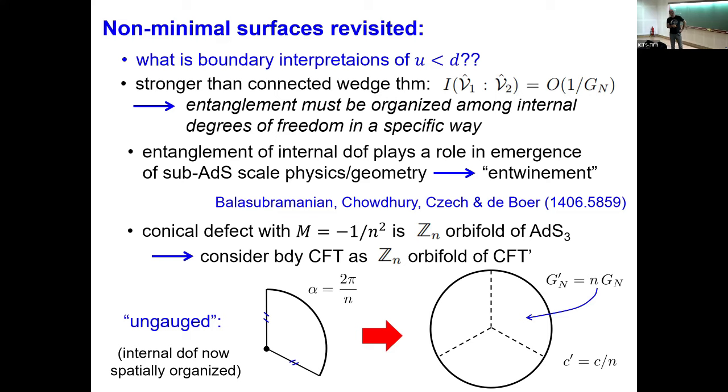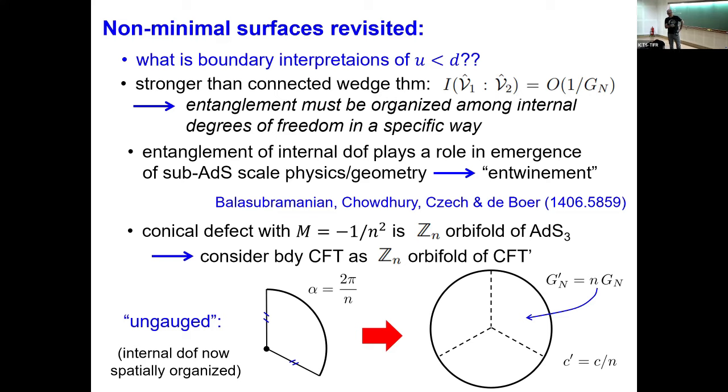So here, that alpha would be 2 pi over 3, and I could paste 3 of those together to make a full AdS space, and so here I've just got AdS space. And I can think that the physics here is equivalent to the physics here as long as I make certain restrictions.